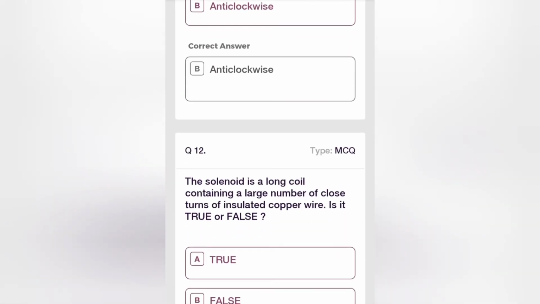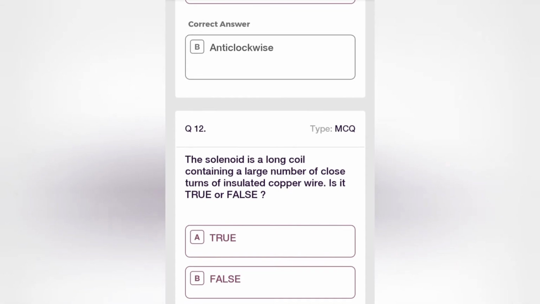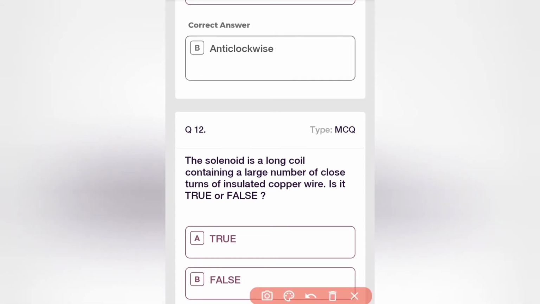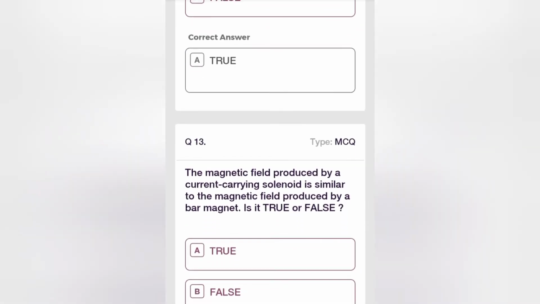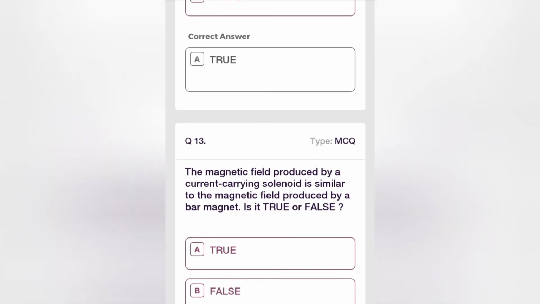The solenoid is a long coil containing a large number of close turns of insulated copper wire. Is it true? Yes. So it is insulated copper wire wound like this in a cylindrical fashion. Okay, so option A, it's true. The magnetic field produced by a current carrying solenoid is similar to that of magnetic field produced by a bar magnet. Yes, of course.